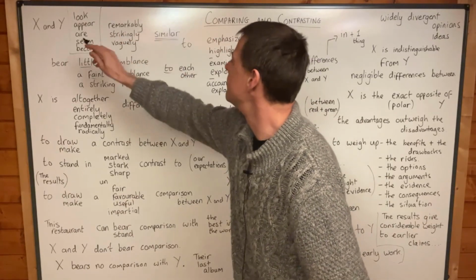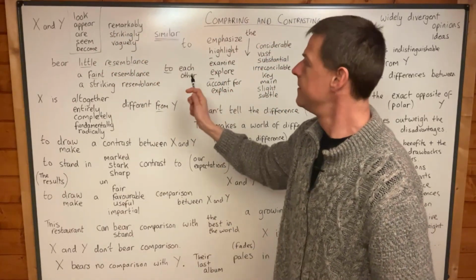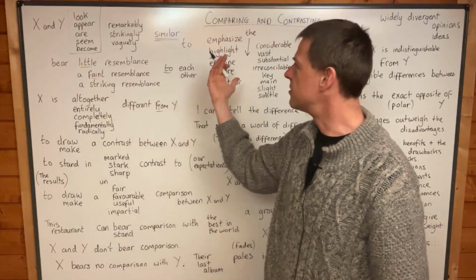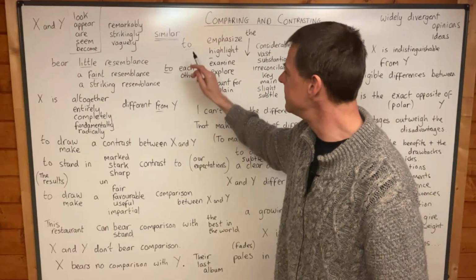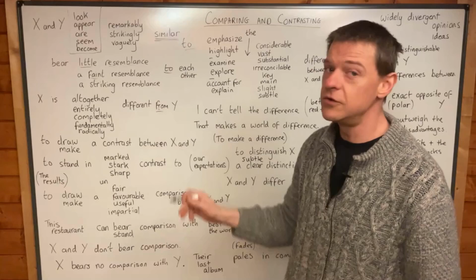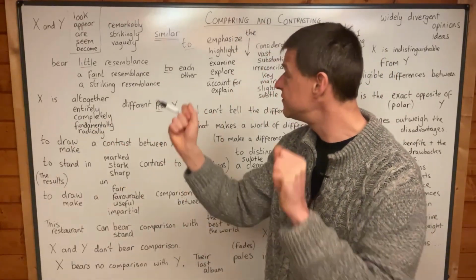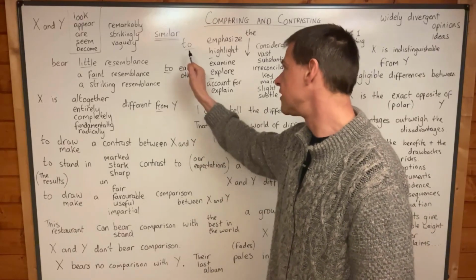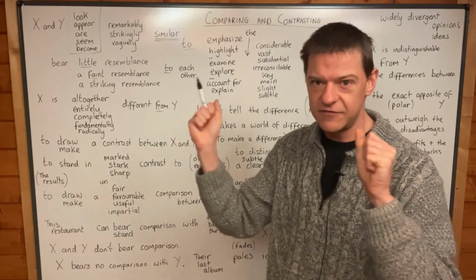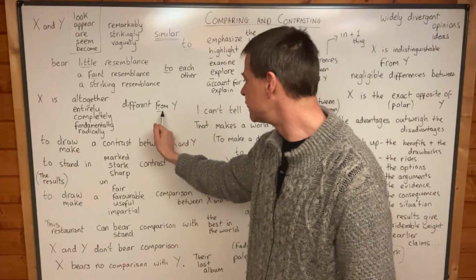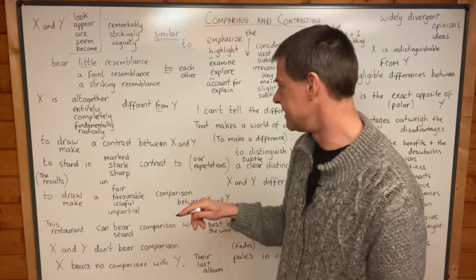X is remarkably similar to Y, or X and Y are remarkably similar. It's similar to, and it's resemblance to. And I told you earlier, compare X to Y is about similarities, about likenesses. So the preposition to seems to be for similar things, whereas from seems to be for different things.